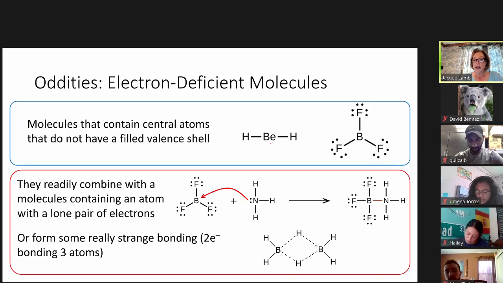If you look at this structure, the first question I think a lot of students ask is, why don't we just take out one of these pairs of electrons from fluorine and just stick it in here as a double bond? The obvious question there is to say, fluorine is the most electronegative element on the periodic table.